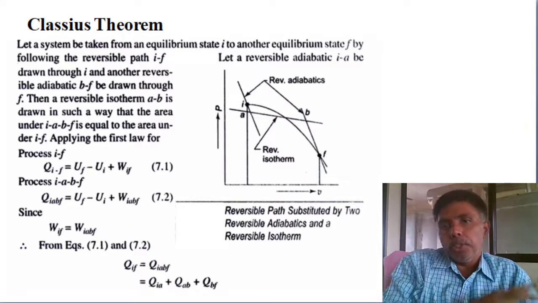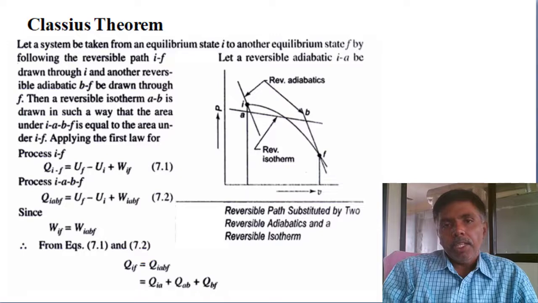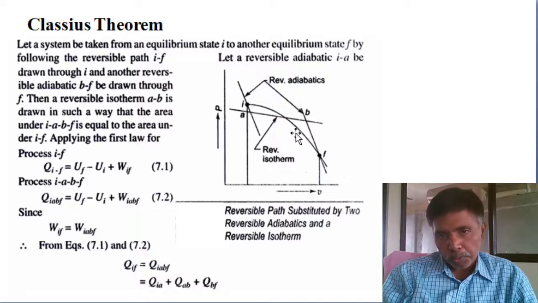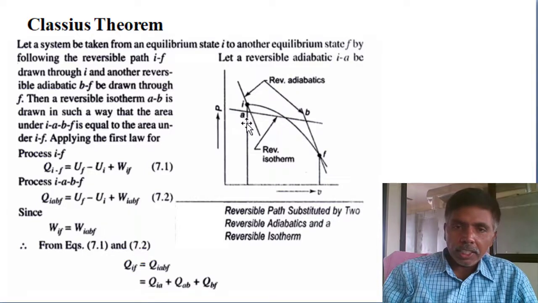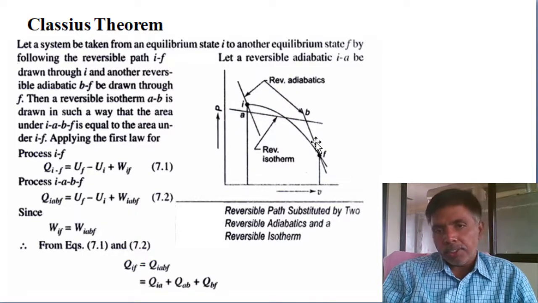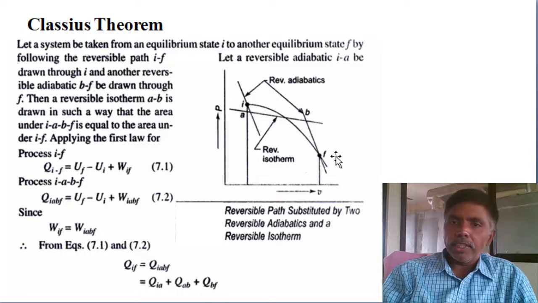So to prove this relation, generally, first we select one unknown reversible process, I2F. I don't know which type of reversible process it is, but I want to determine how much heat transfer takes place in this process. How can I determine it?